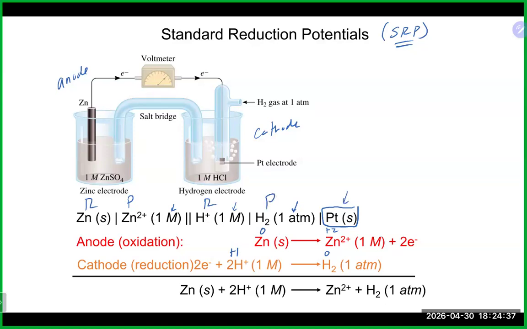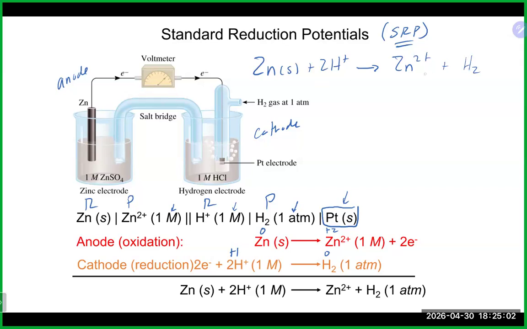This is not usually included in the equation because, again, it's just there for the setup. And what's blocked out on the bottom looks something like this. The zinc on one side, our zinc 2+ on the other side. And then we have our hydrogen on this side, and we have our H2 on that side in that particular case.